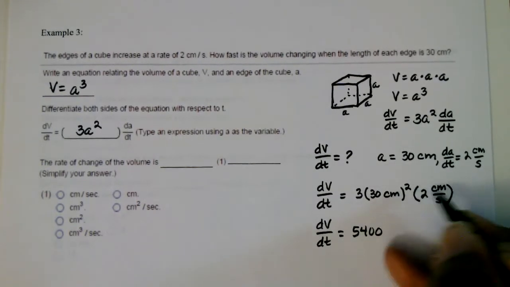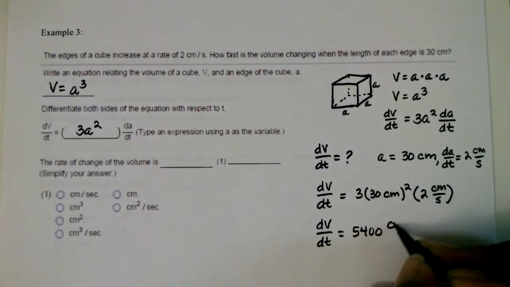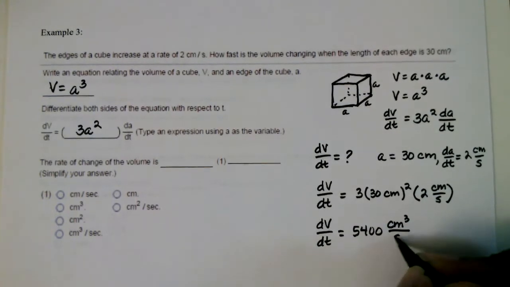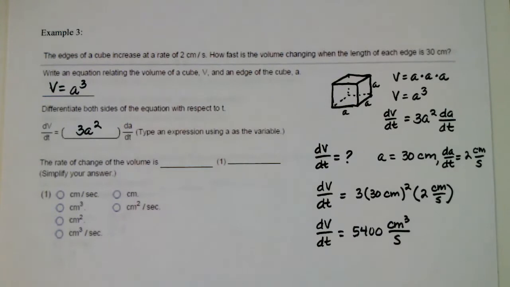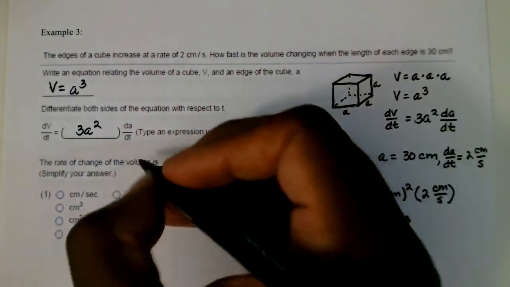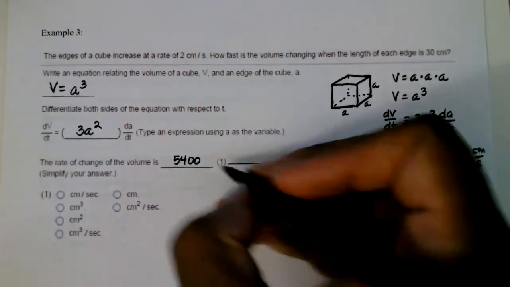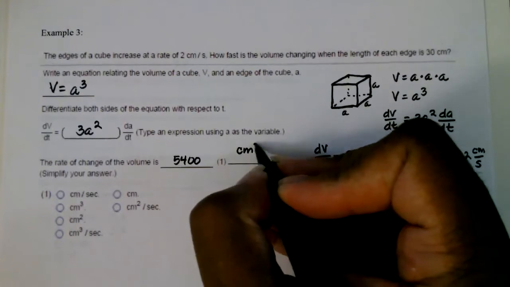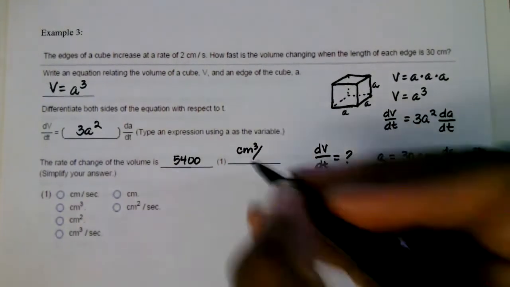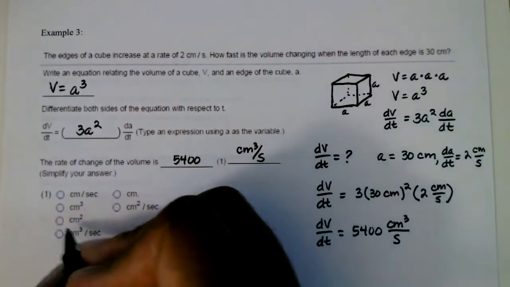And this is centimeters squared times another centimeter, which would be centimeters cubed per second. So the rate of change of that volume is going to be 5,400 cubic centimeters per second.